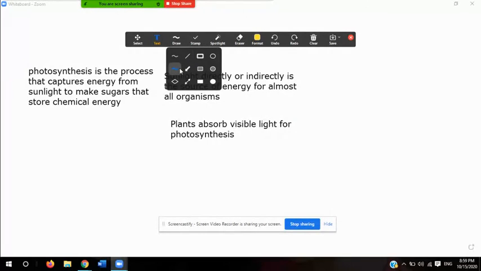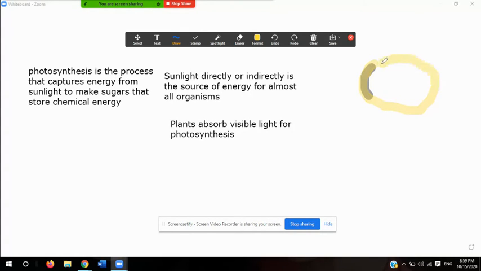Wait, that is not the color I want. Let's try that again.